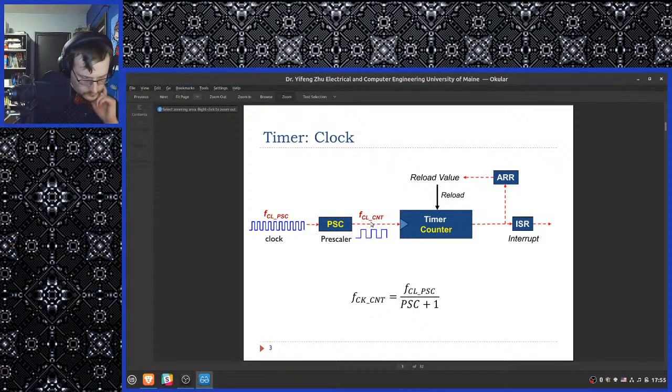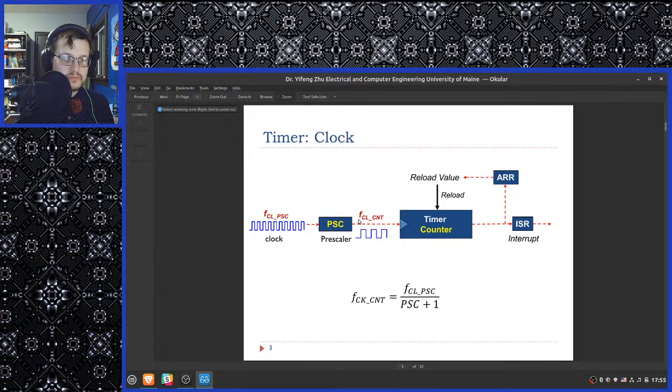So if, for example, you have a clock signal with a frequency of 1 megahertz, but you're only interested in timing things by the millisecond, so you're only interested in timing by the kilohertz, then you set the prescaler value to 1,000, so you get 1 pulse per every 1,000 clock cycles.